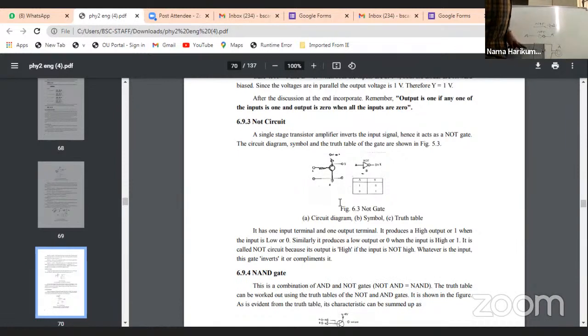First is the truth table. In this truth table we have used only one input and one output. The possibilities are 0 and 1, and they depend on our physical circuit diagram and its output values.